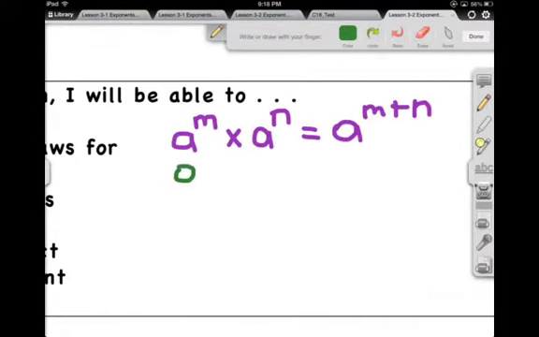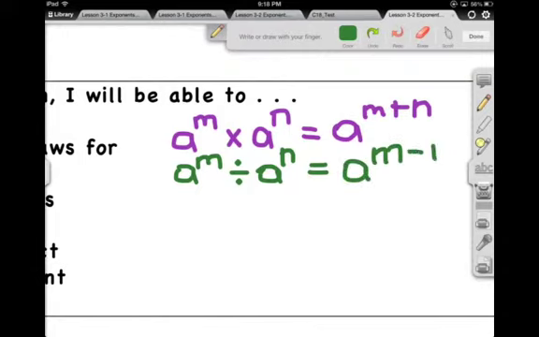So as long as the bases are the same, a to the subtract the first from the second exponent. There we go. Okay, second rule is in place.